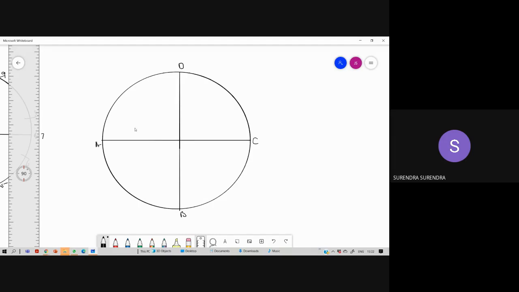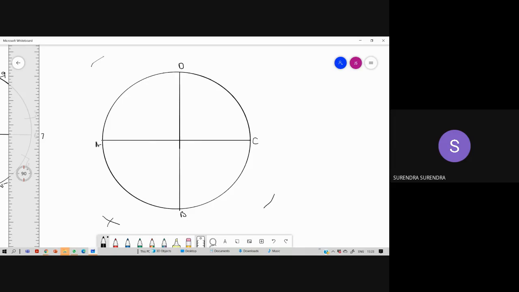The second problem, what we did. So for simplicity, here the compass is already set to 50 mm radius. With A as center, draw an arc on both the sides. Next, B as center, draw arcs on both the sides.